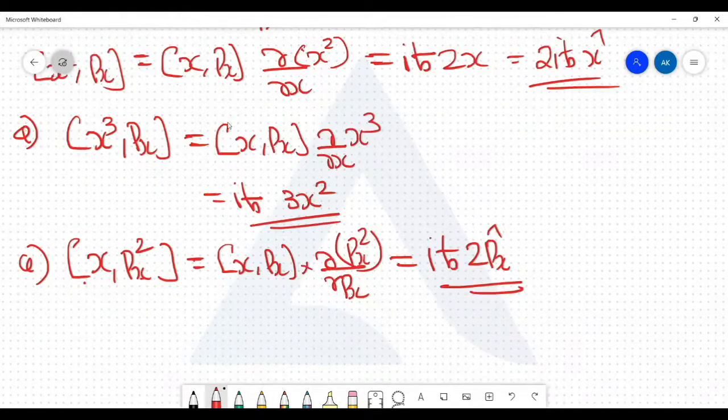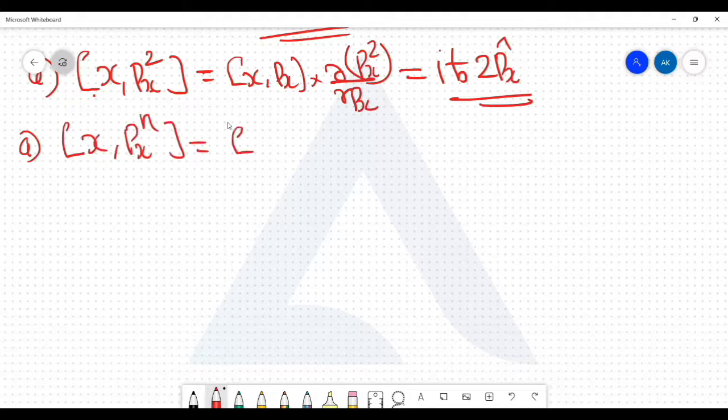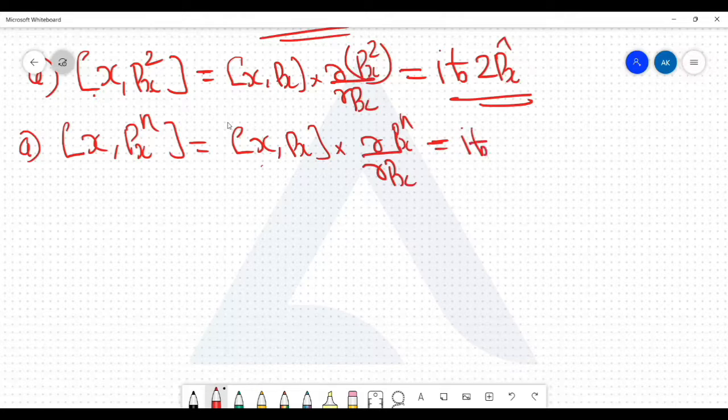Okay, so next question. Suppose you have [x, px power n]. Then what happens? Now [x, px] into ∂/∂px of px power n. [x, px] is nothing but iħ. ∂/∂px of px power n is n px power n minus 1.